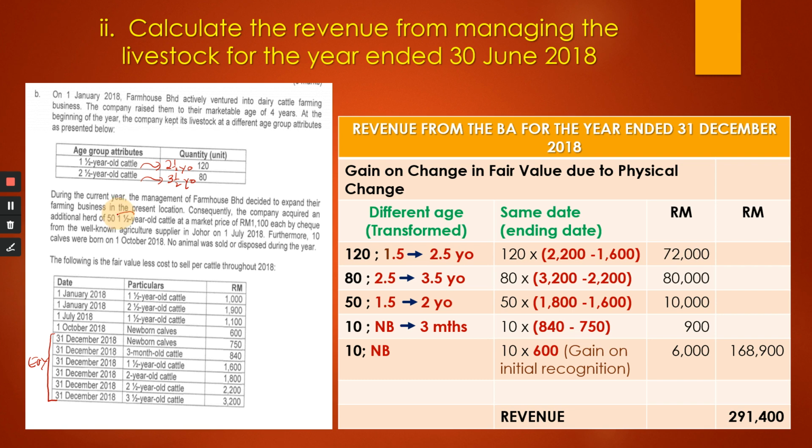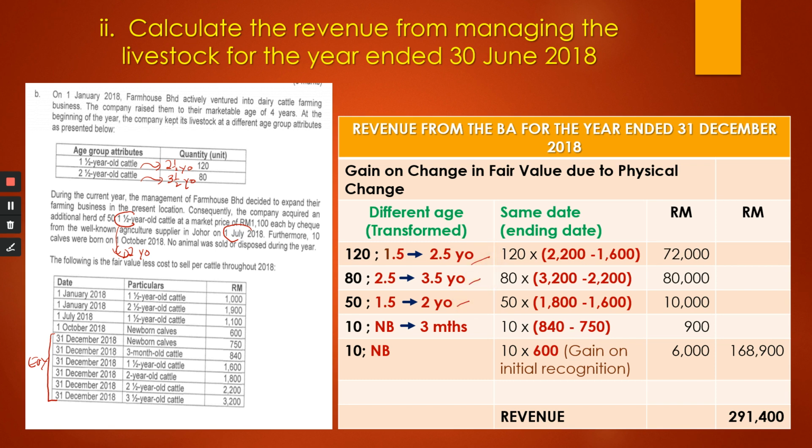And this 1.5-year-old that is on 1st of July will now grow to become 2 years old, because after 6 months, that's what you have here.